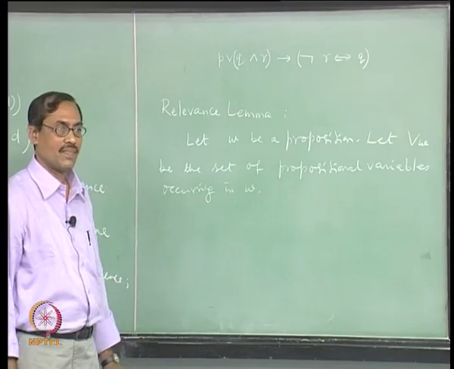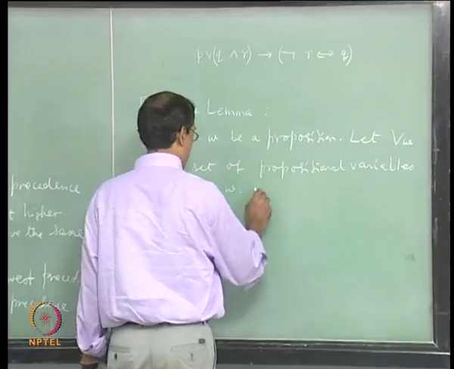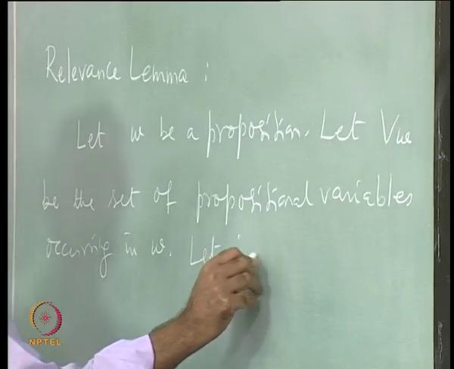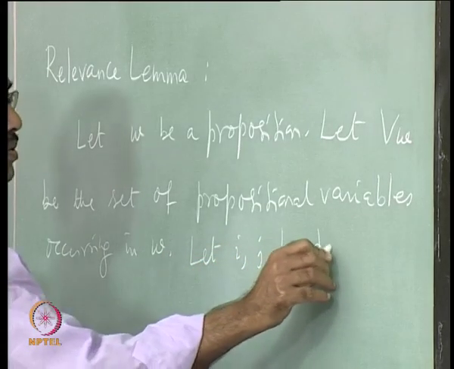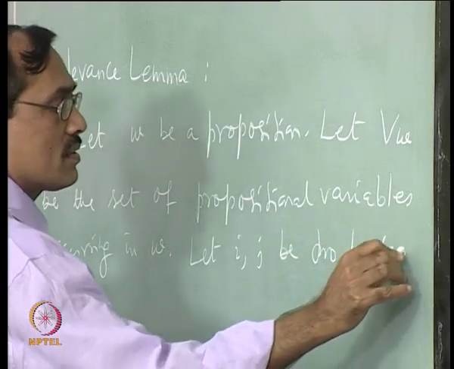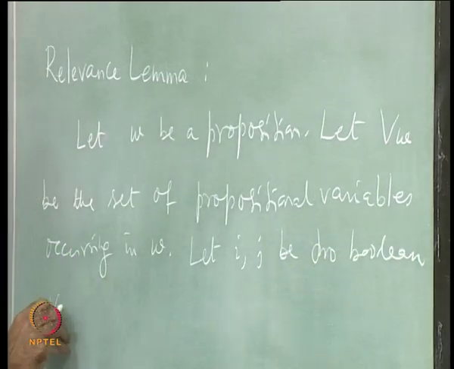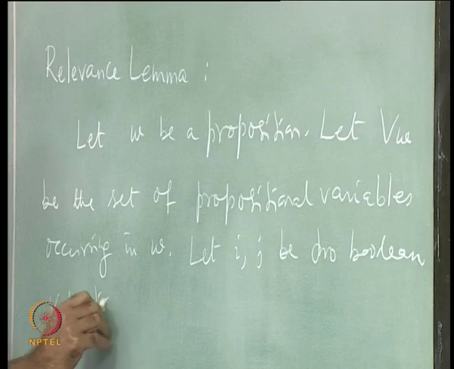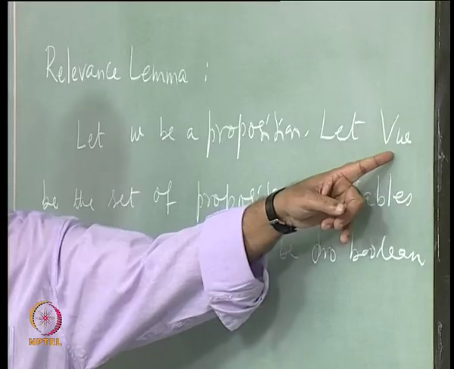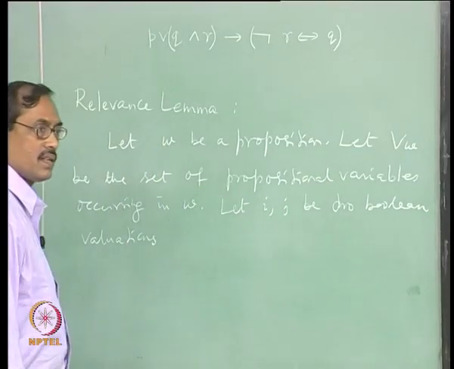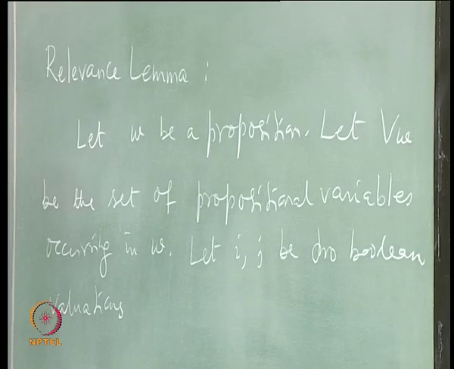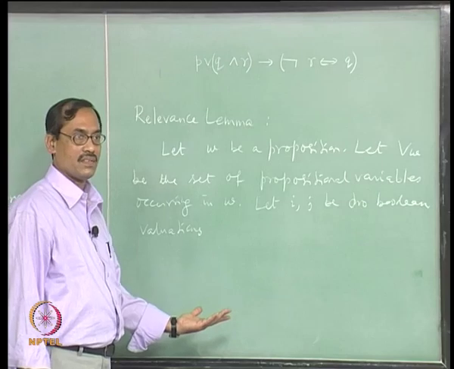Is that okay? So, let I, j be two Boolean valuations that agree on VW, right. They should be equal for each propositional variable in VW, those which are occurring in W, fine.